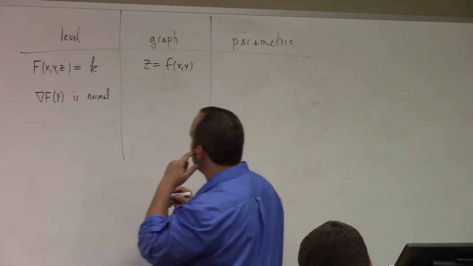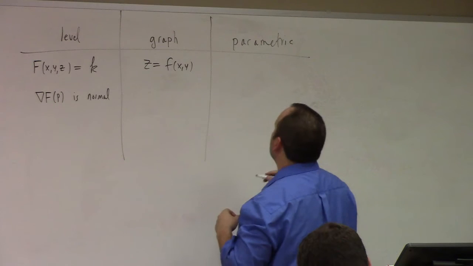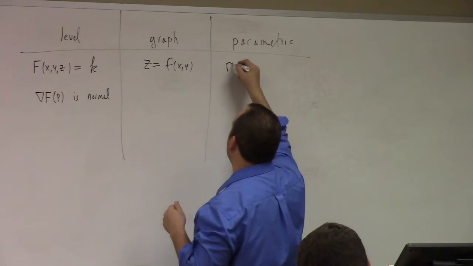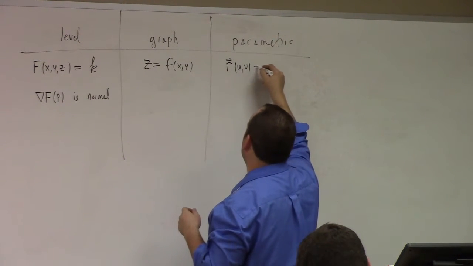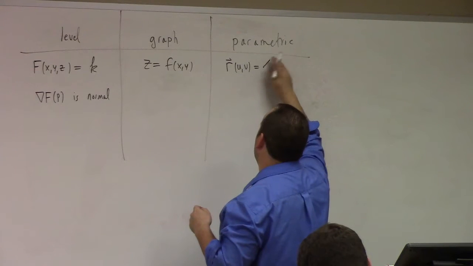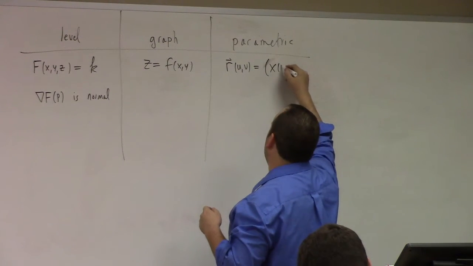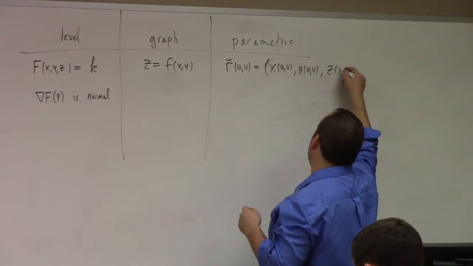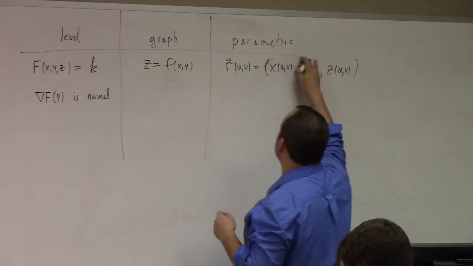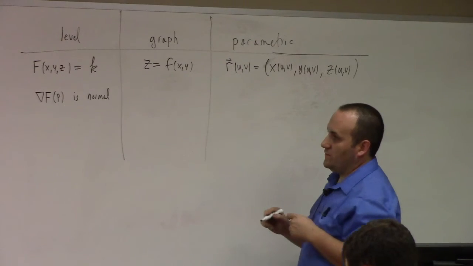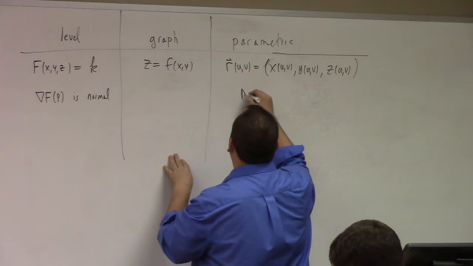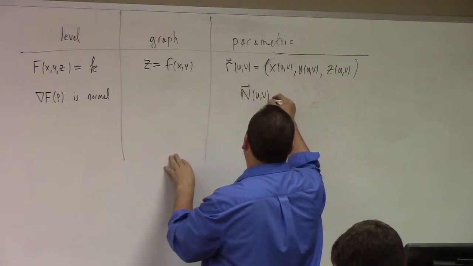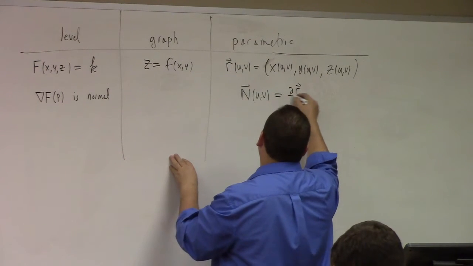All right. Parametric was what? Something like r of uv is x of uv, y of uv, z of uv. So over here to find the normal, we find the normal vector field n of uv. We just take the cross product of the partial velocities.